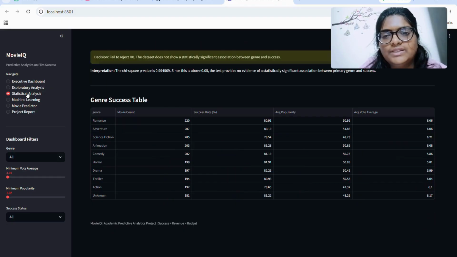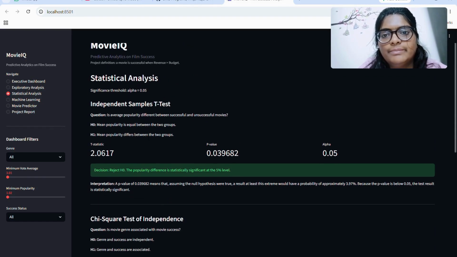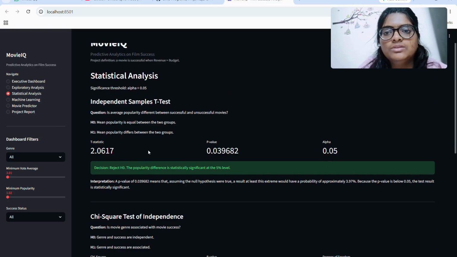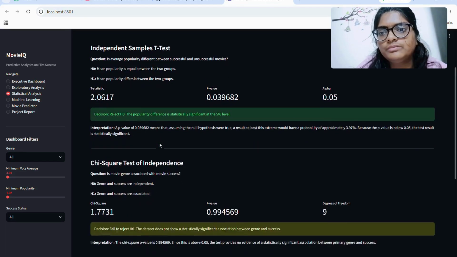Next, we'll go to the statistical analysis section. I performed an independent sample t-test to examine whether the average popularity differs between the successful and unsuccessful movies. The null hypothesis states that there is no difference in mean popularity between the two groups, while the alternative hypothesis states that a difference exists.